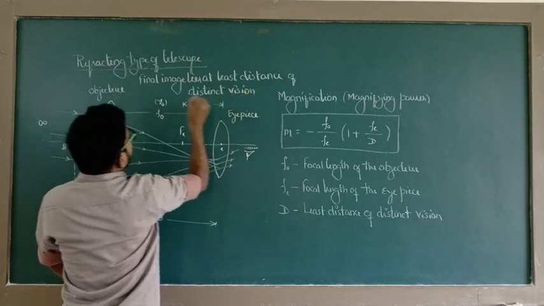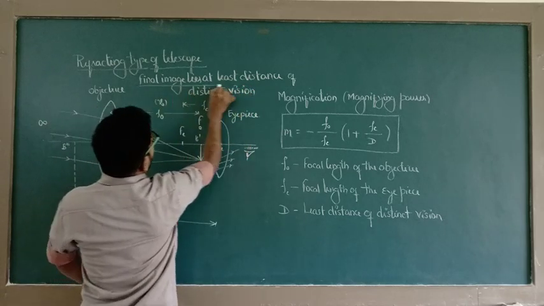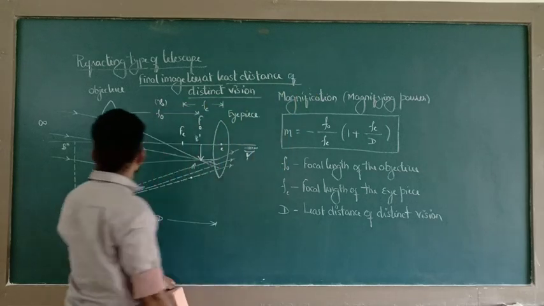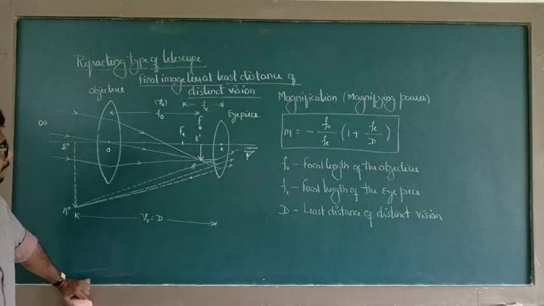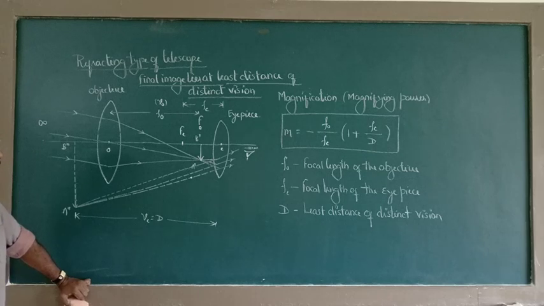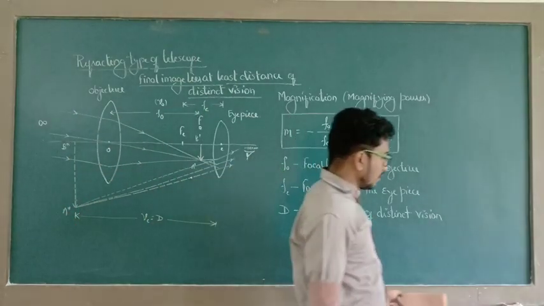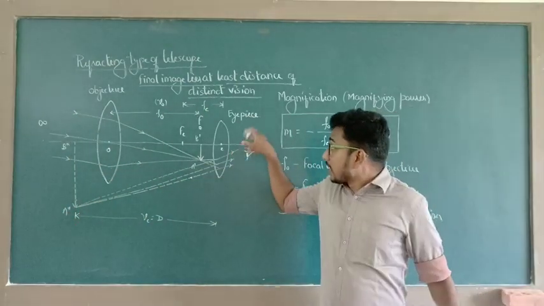That means at 25 centimeter. So A dash B dash is image of object, which lies at infinity, and A dash B dash acts as object for eyepiece.